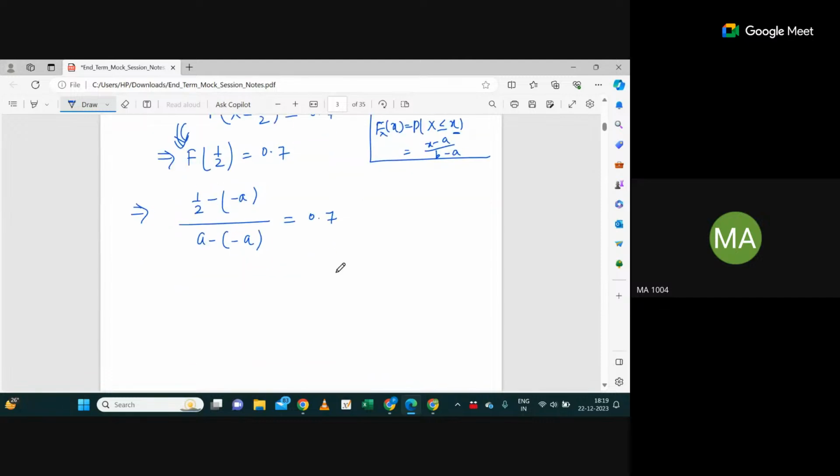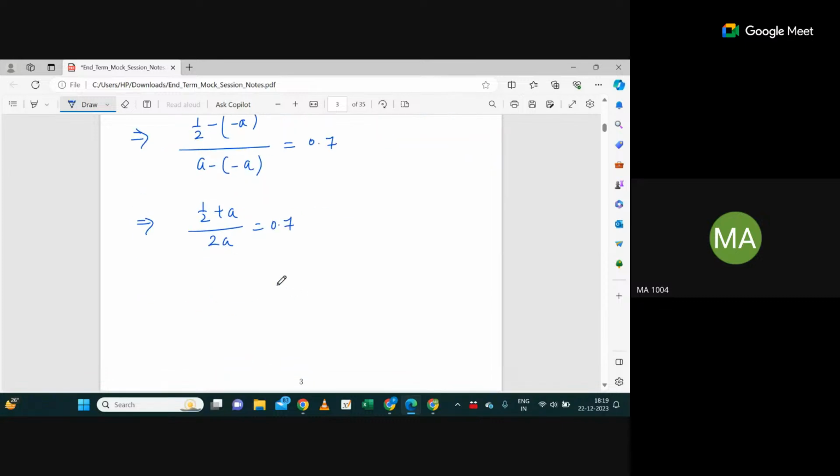Any doubt? No, sir. Okay, great. So it will be (half plus a) divided by 2a equal to 0.7, right? Now we just have to do simple calculation.